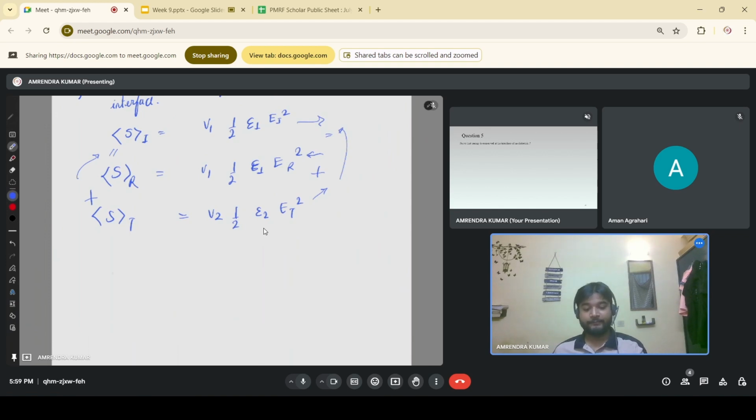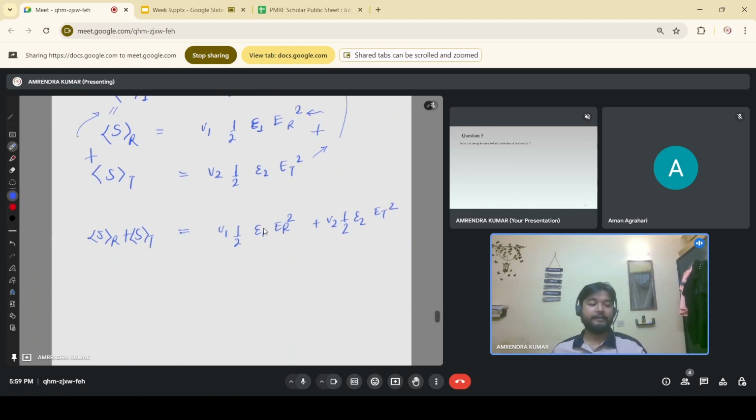So let us sum it up. We have S_R plus S_T, that will be V1 epsilon 1 E_R square plus V2 epsilon 2 E_T square.